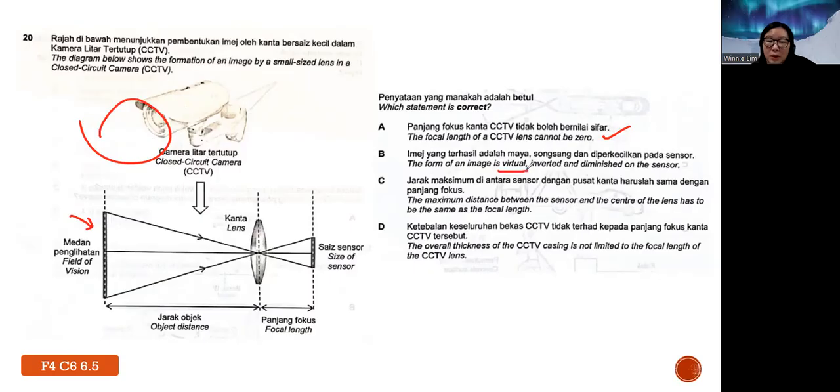So the image cannot be virtual. It should be a real image. So wrong. The maximum distance between the sensor and the center of the lens has to be the same as the focal length: not necessary. And the overall thickness of the CCTV casing is not limited by the focal length of the CCTV lens: no, they are affected. So that's why the answer is A.